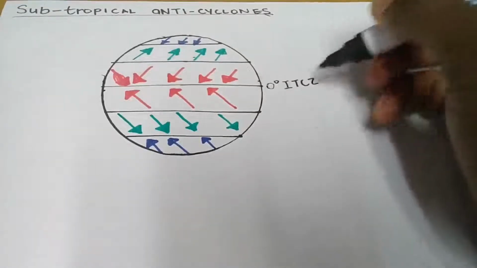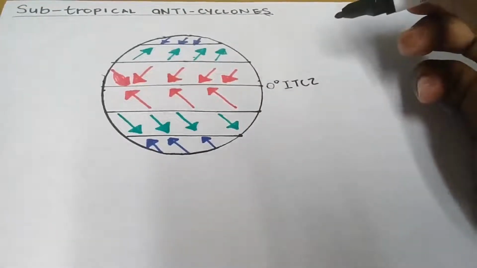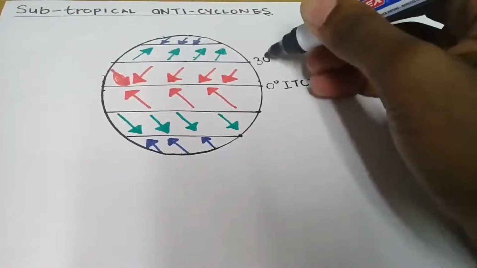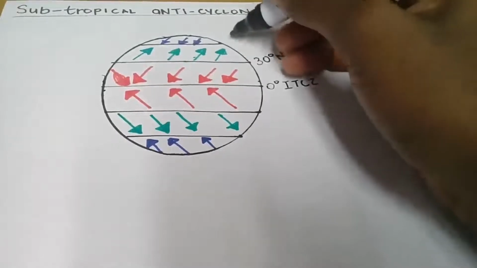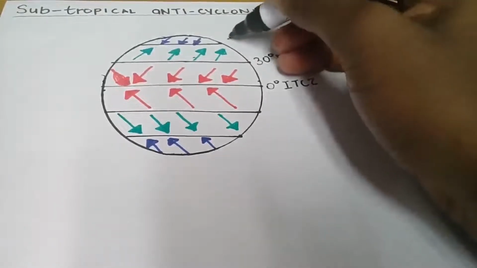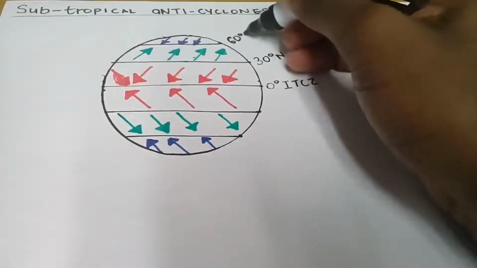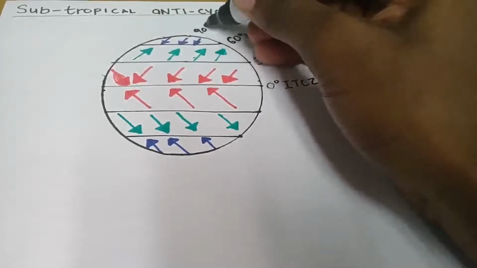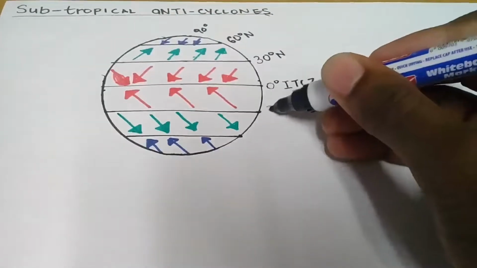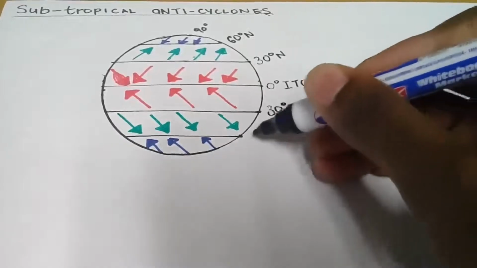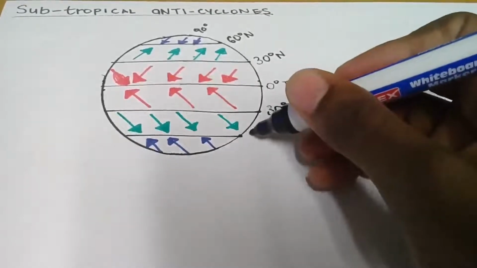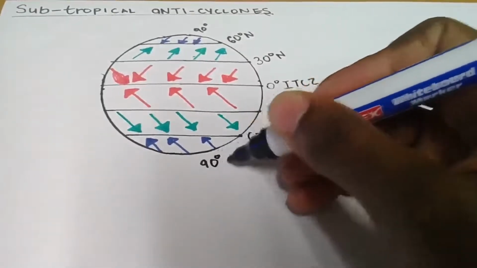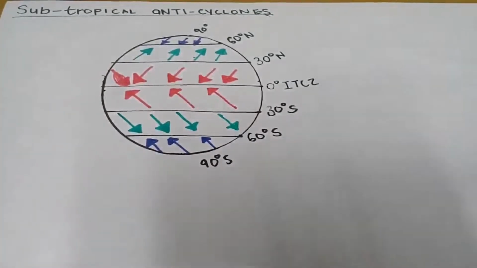This is 30 degrees north of the equator, this is 60 degrees north, and here we have the pole at 90 degrees. Here we have 30 degrees south, 60 degrees south, and 90 degrees south, which are the poles.